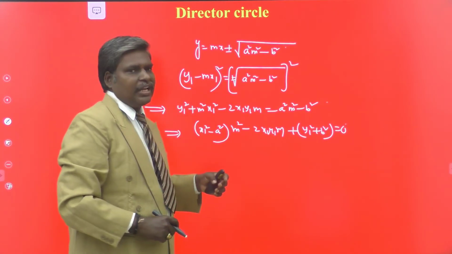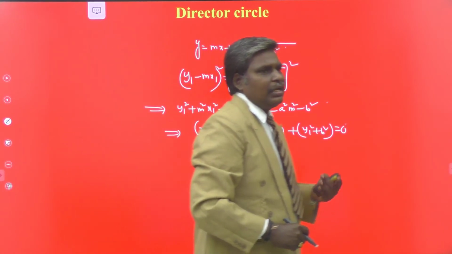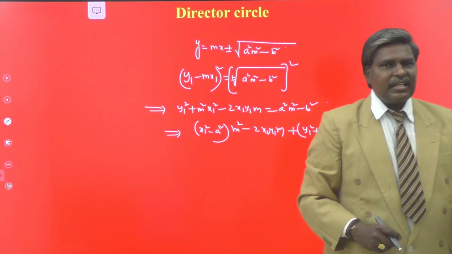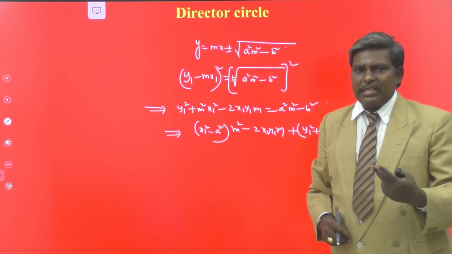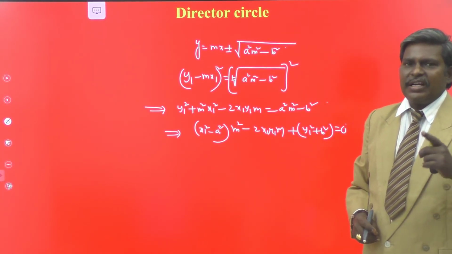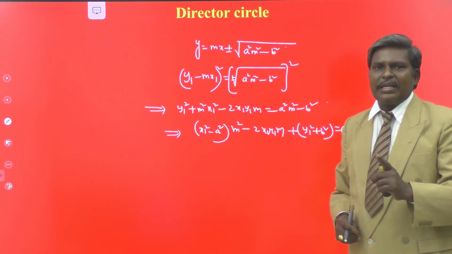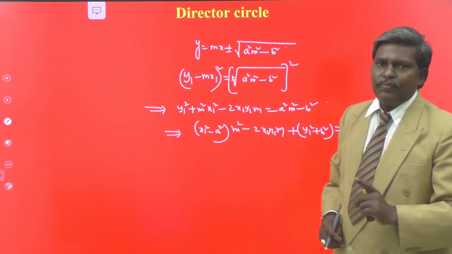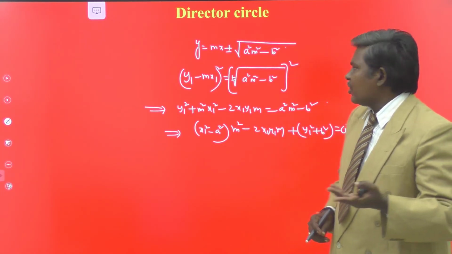Already we discussed in your ellipse chapter the number of tangents drawn from a point to the ellipse. If S11 is greater than 0, the point is outside the ellipse, and at that time we can draw two tangents. For a point on the ellipse, the condition is S11 equals 0, and we can draw only one tangent. If S11 is less than 0, the point is inside the ellipse, and we cannot draw any tangent.